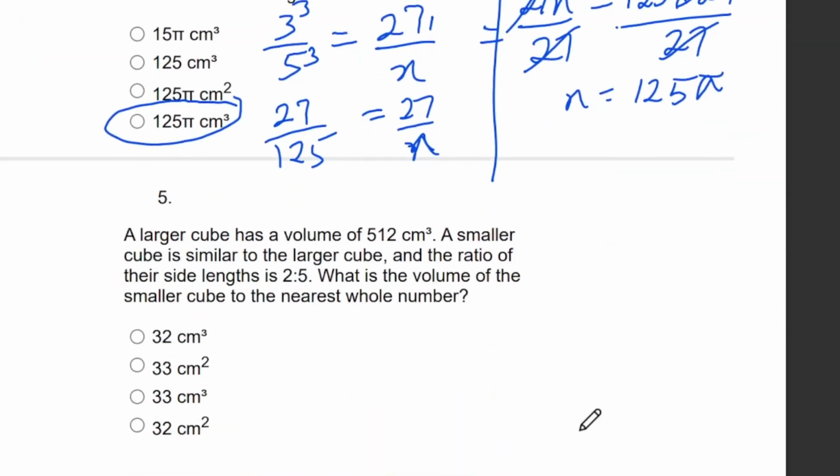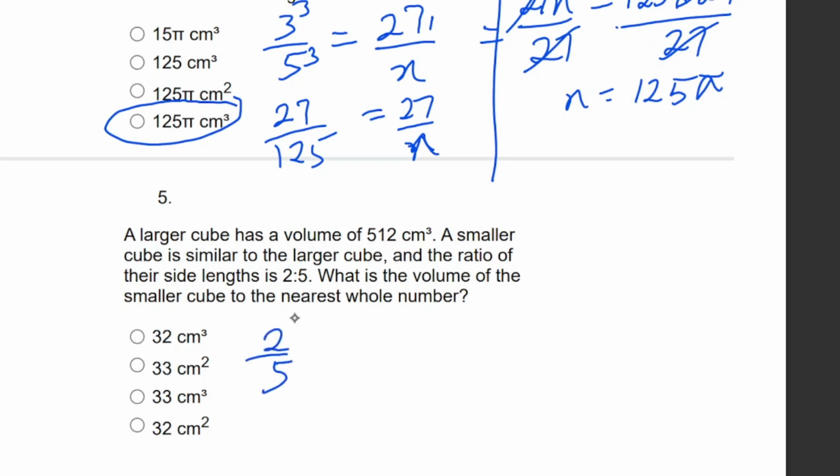So the last question we have is still on volume of similar shapes. A larger cube has a volume of 512 centimeters cubed. The smaller cube is similar to the larger cube, and the ratio of their side lengths is 2 to 5. So that means we have 2 to 5.